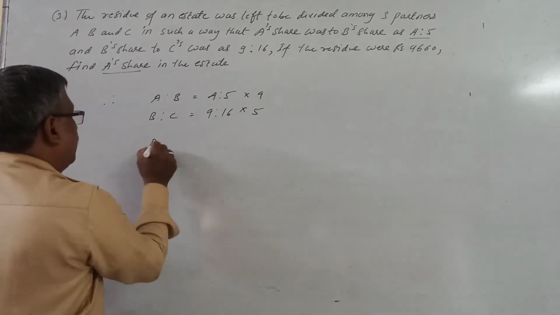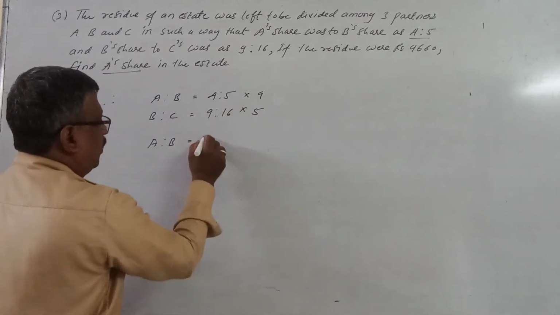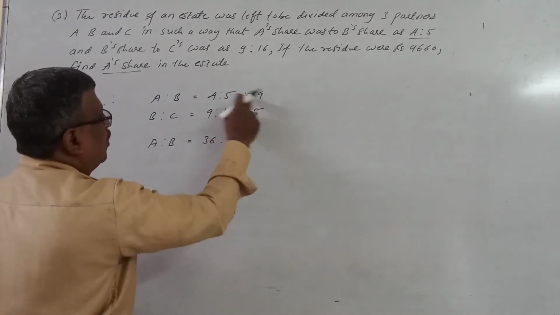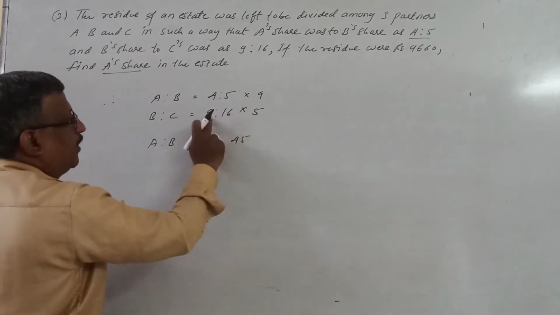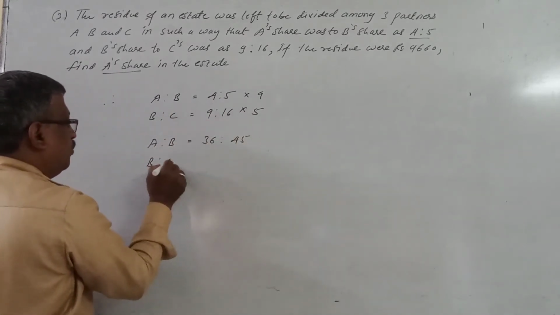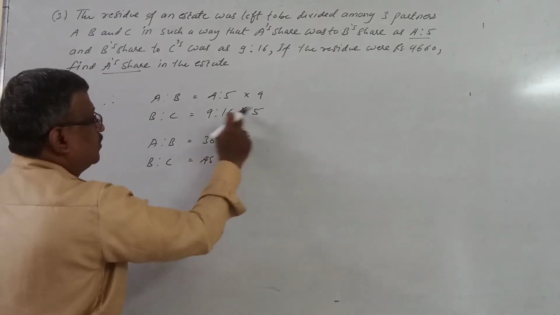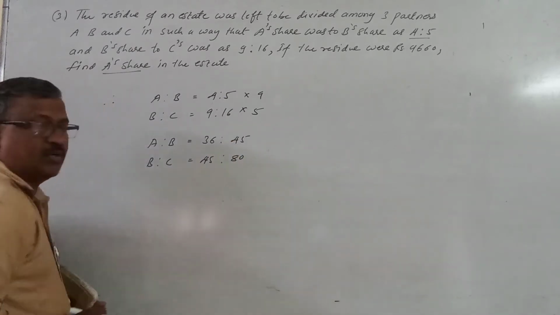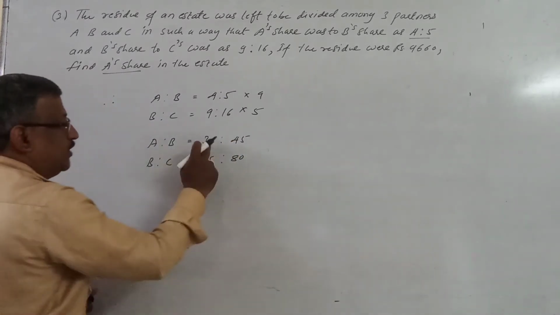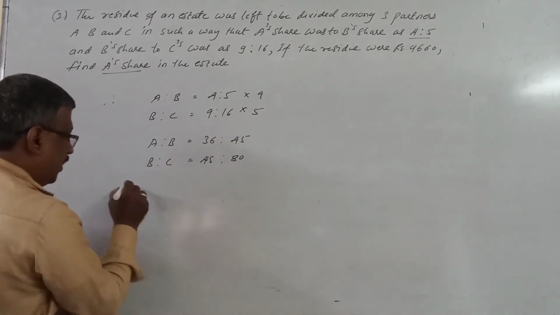So A is to B will be 9 into 4, you will get 36 is to 9 into 5, it is 45. Then multiply by 5 to both the terms, so we get the ratio of B to C. So 5 into 9 is 45, is to 9 into 16, you will get 80. Like this, we get this term the same. So from this one I can easily write the ratio of A, B, C as 36 is to 45 is to 80.